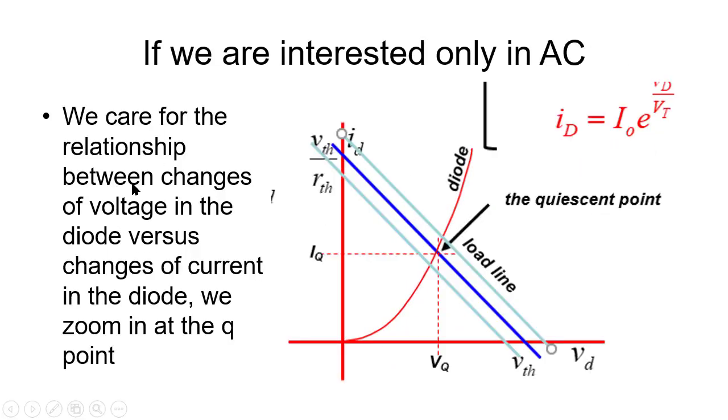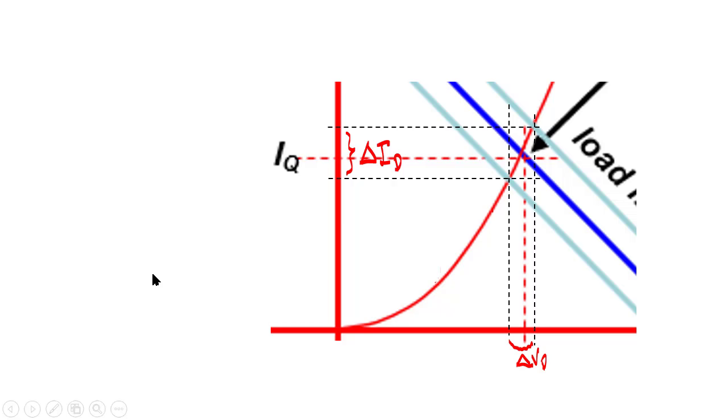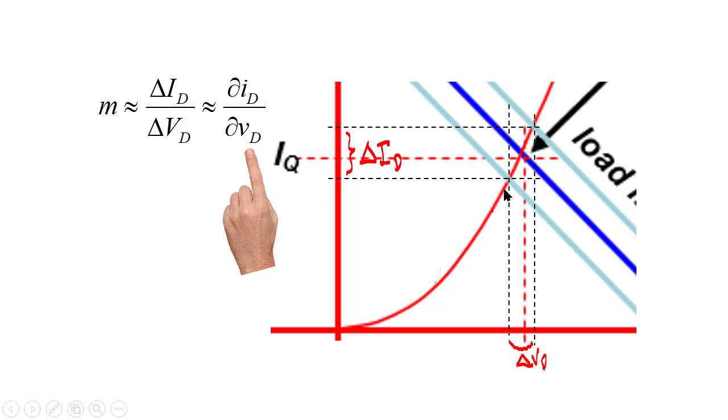We care, I repeat, for the relationship between changes in voltage and changes in currents due to the presence of that AC source. In this zoom, I have emphasized the delta ID and the delta VD. They are related by the slope of the tangent to the exponential curve at the Q point.